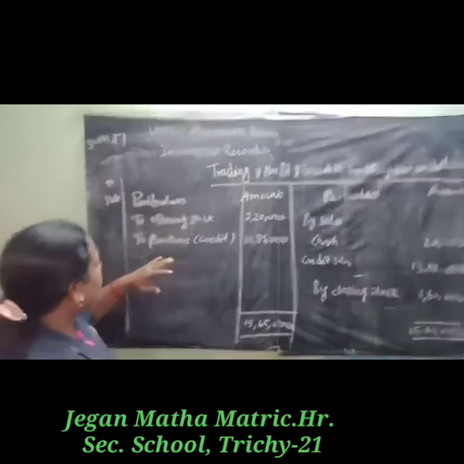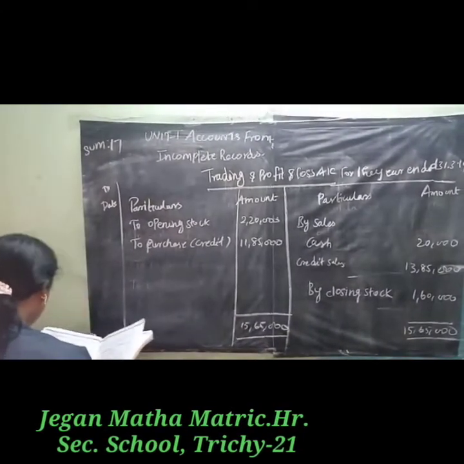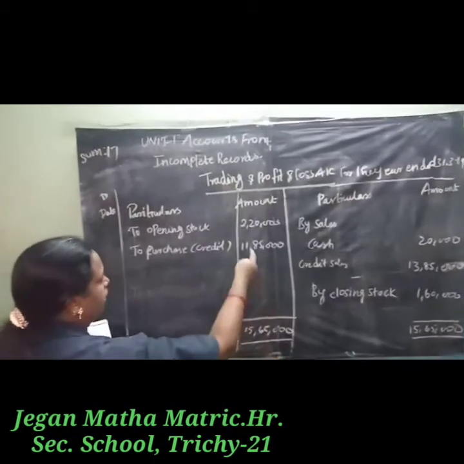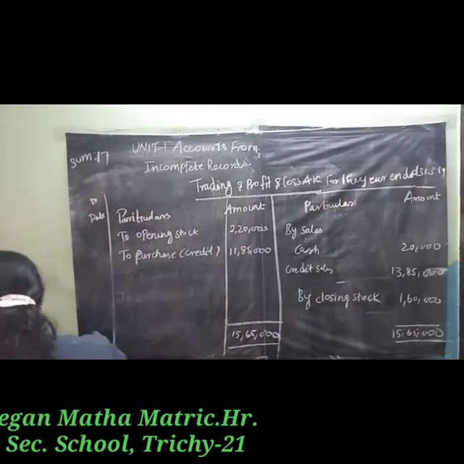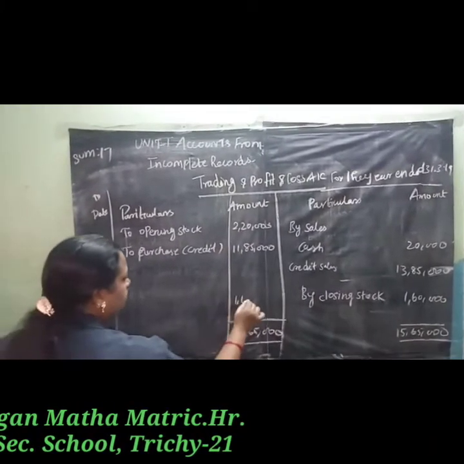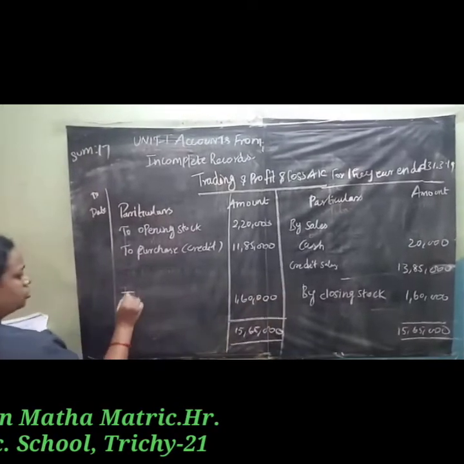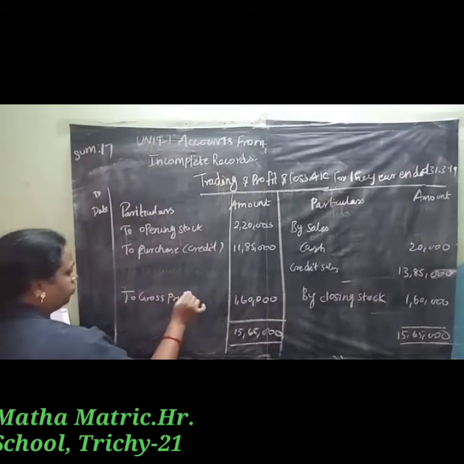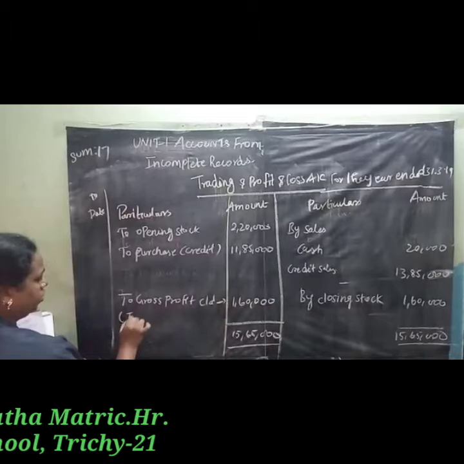In this sum we don't have direct expenses, so no need to write them. We have to find the gross profit: 15,65,000 minus 11,85,000 minus 2,20,000, the answer is 1,60,000, to gross profit, C/D, transferred to profit and loss account.